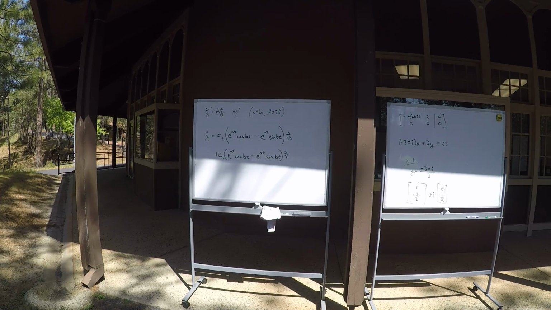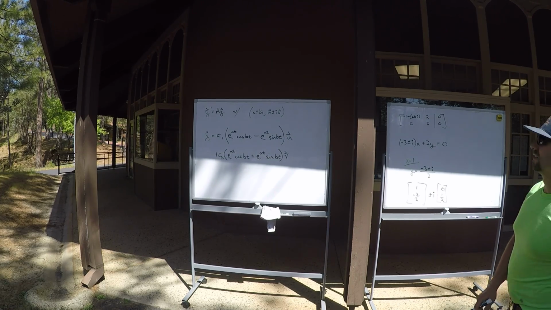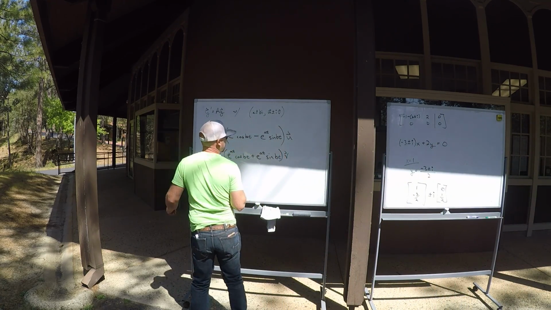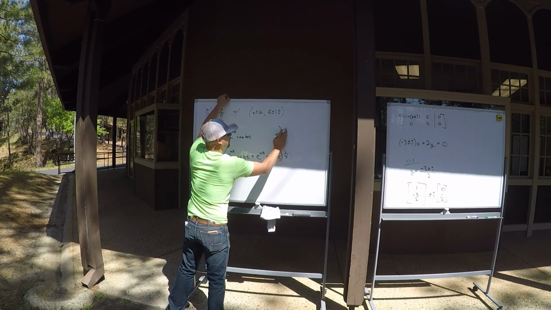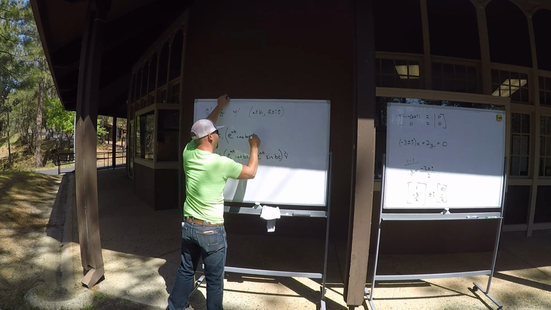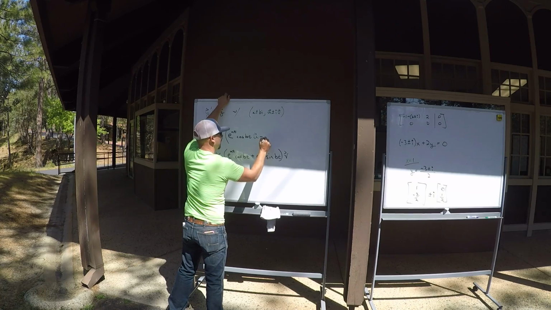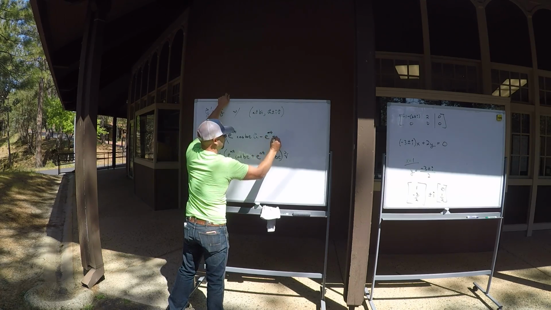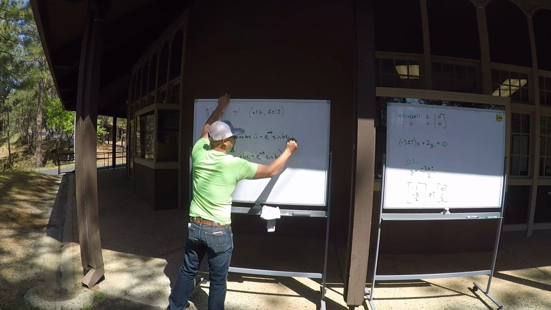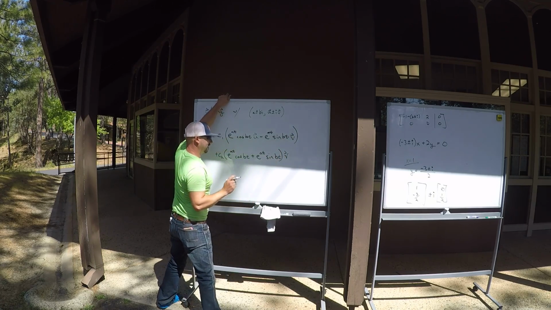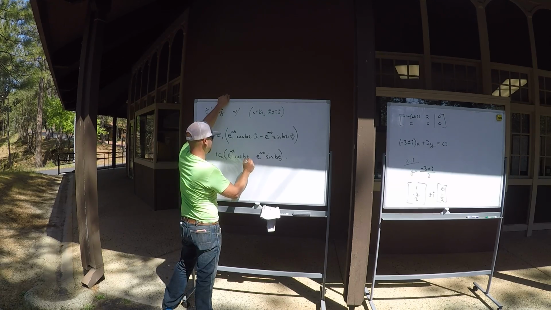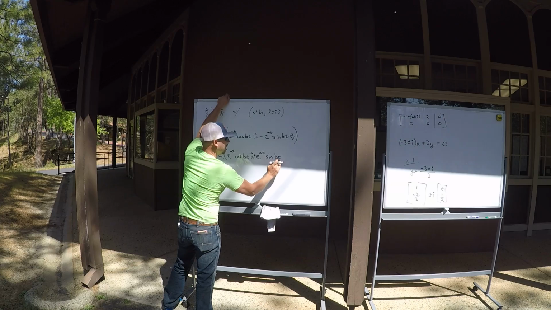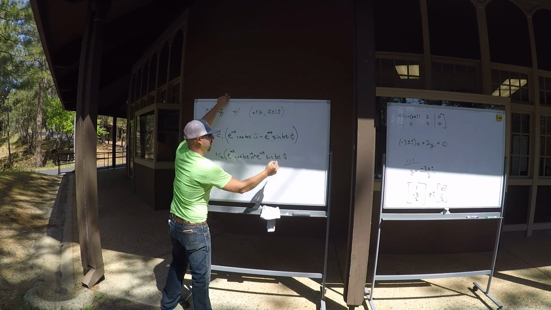The real part has a u on this one and a v on that one, and the other one gets a u and a v.